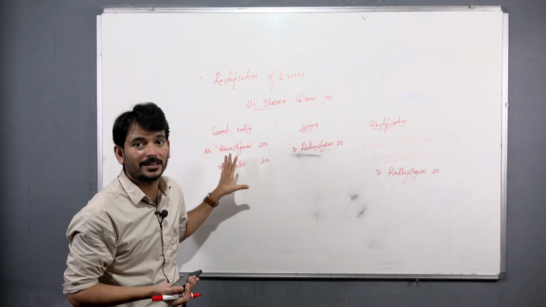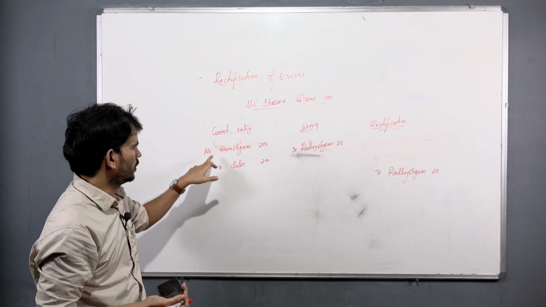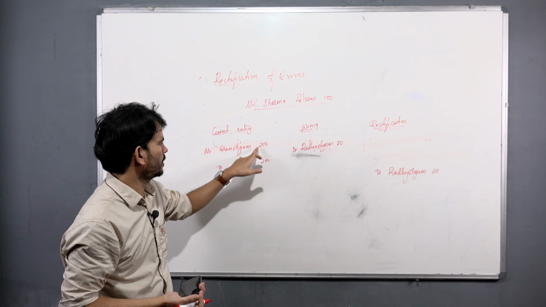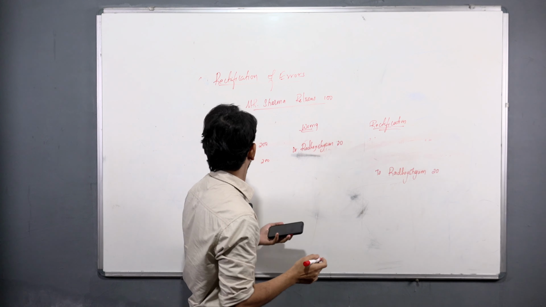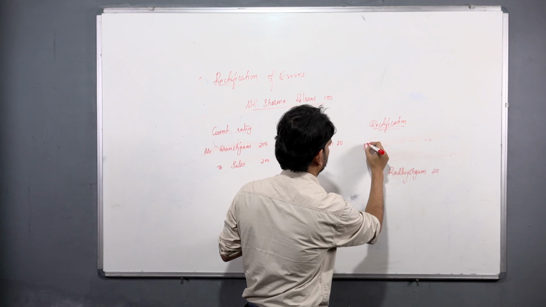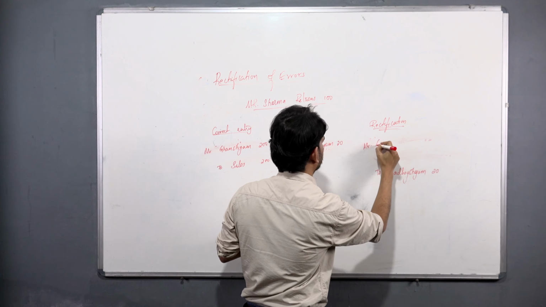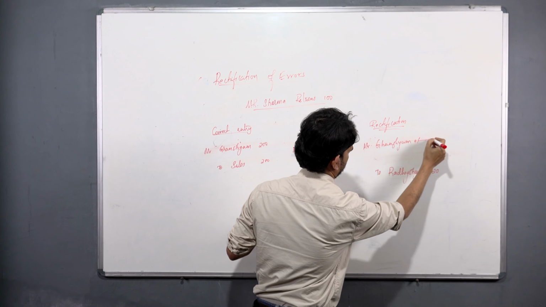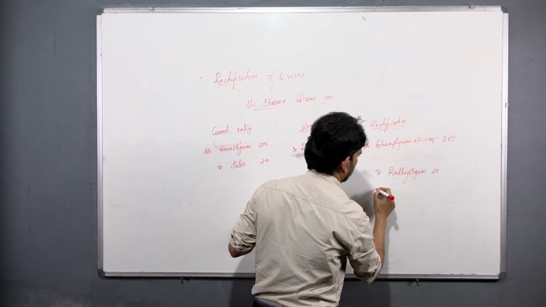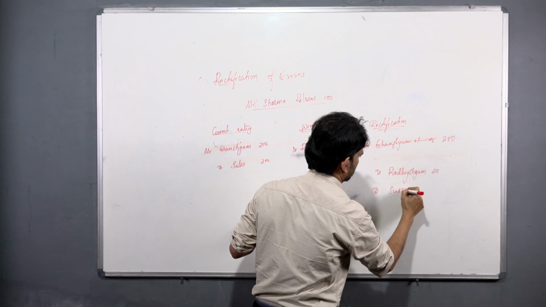But what about the correct thing that he should have done? We will do it now. So Mr. Gansham, it is debit 200. So we will debit Mr. Gansham 200, and the remaining will be suspense account.